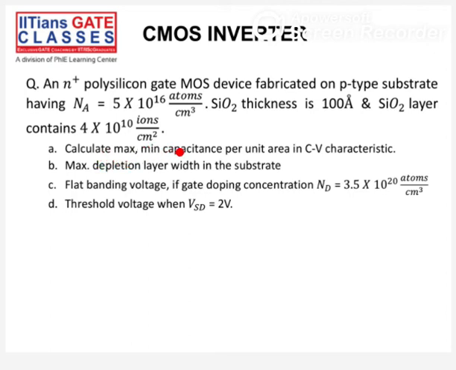What they wanted to know is to calculate maximum and minimum capacitance. That you can calculate only when you know the maximum depletion layer width. So first we need to calculate WD max, which is equal to square root of 2 epsilon into 2 phi f divided by q Na.